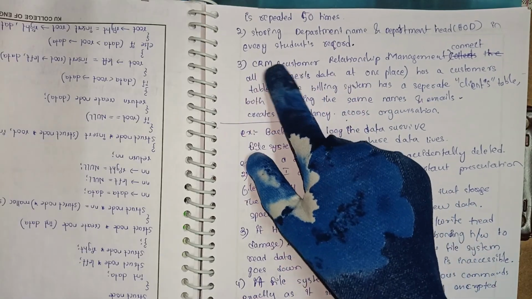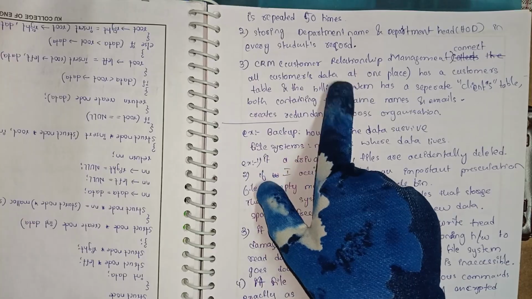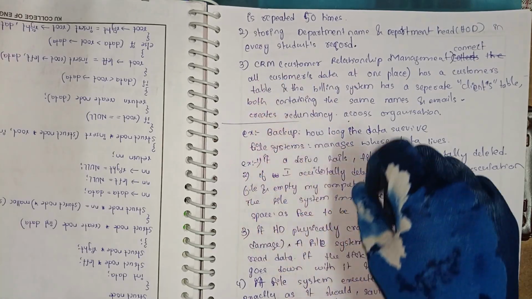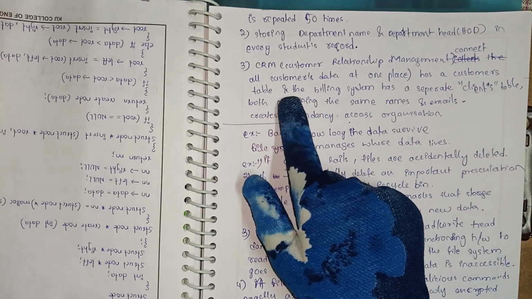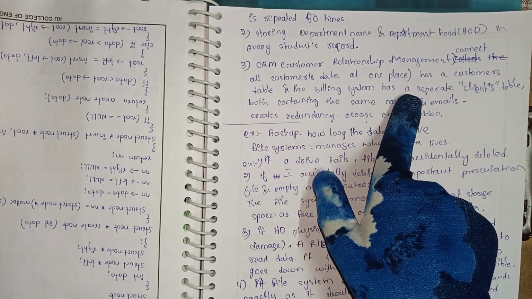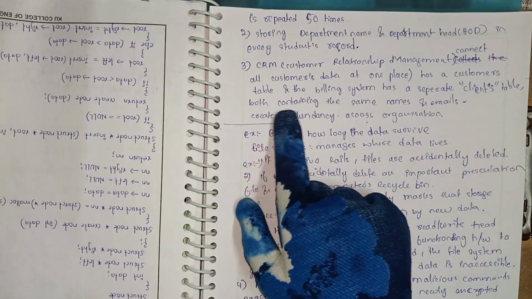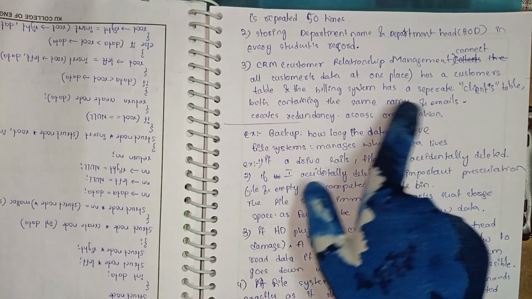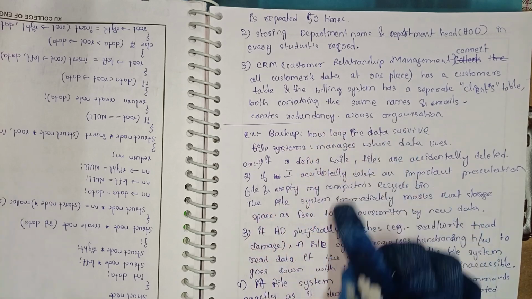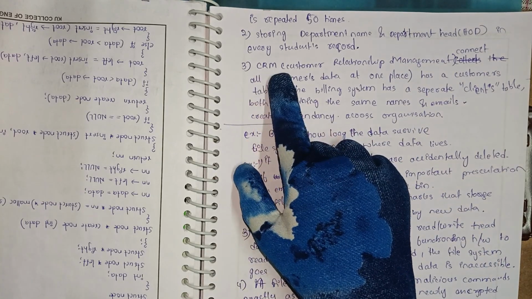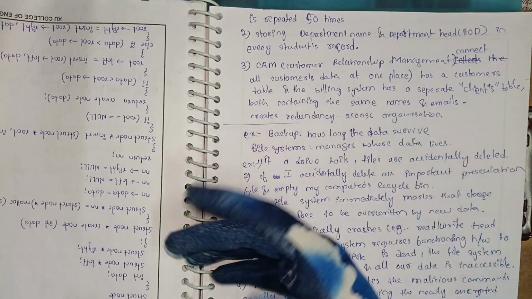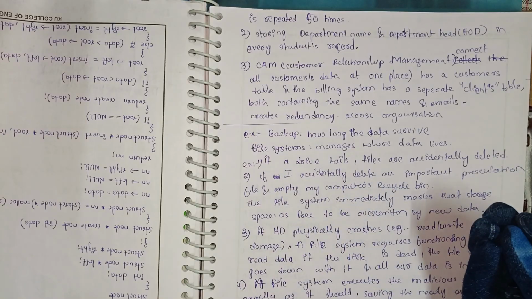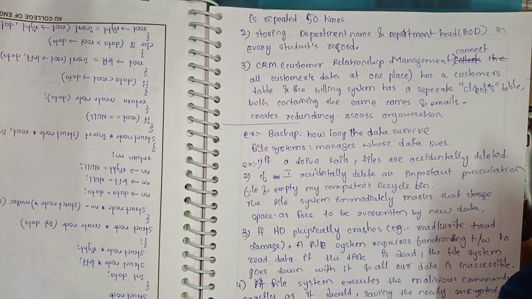Okay, so this is the function of CRM. It has a customer table, and the billing system has a separate client table, both containing the same names and emails of the customers.